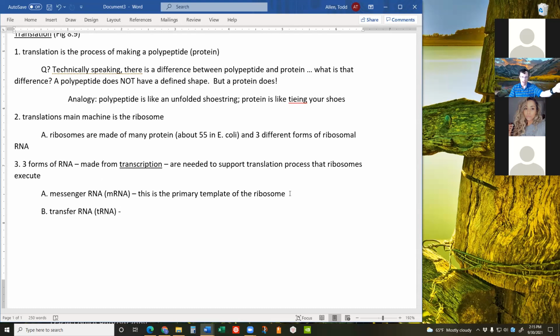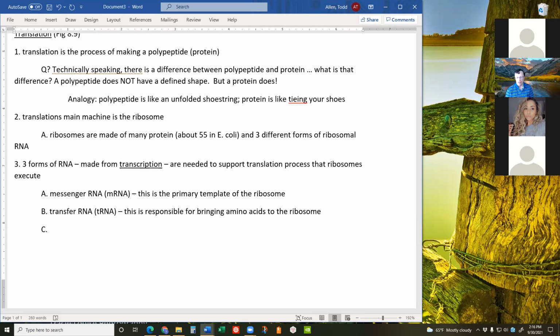So transfer RNA is the molecule that transfers an amino acid to the machinery of the ribosome so it has something to work with, okay? Think of transfer RNA as a Federal Express delivery guy, and his job, her job, is to bring amino acids to the ribosome.